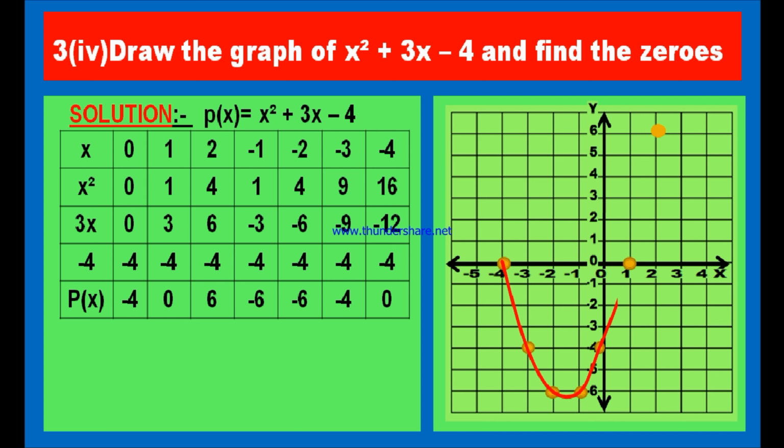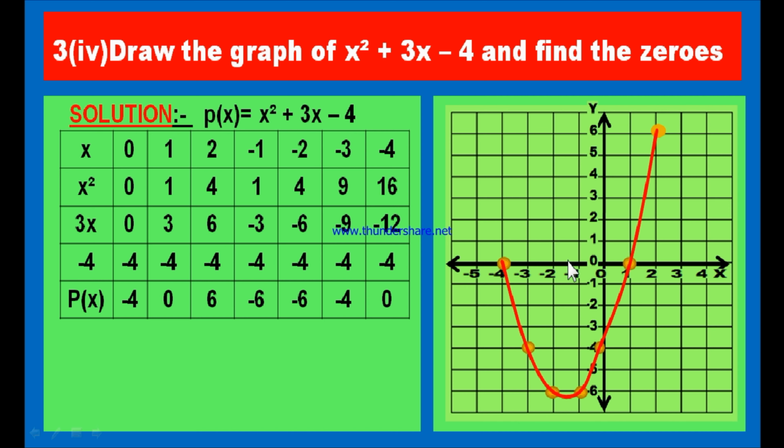Like this you have to draw the parabola, and this parabola is meeting x-axis at 2 points, and therefore there are 2 zeros for this quadratic polynomial. The first point of intersection is here and the second point of intersection is here. At this point of intersection x value is minus 4 and at this point of intersection x value is plus 1.